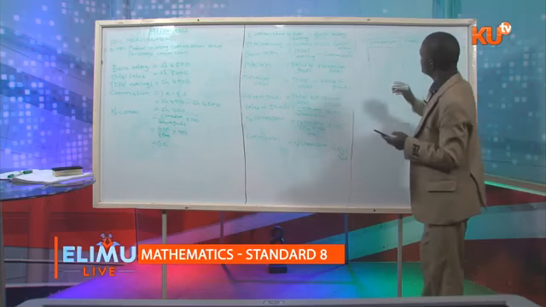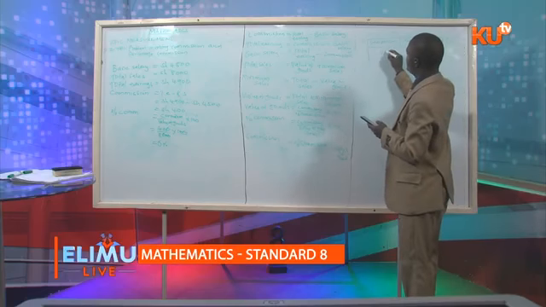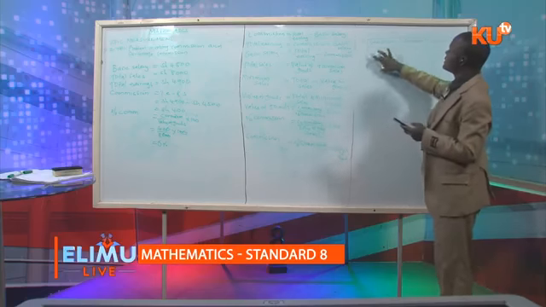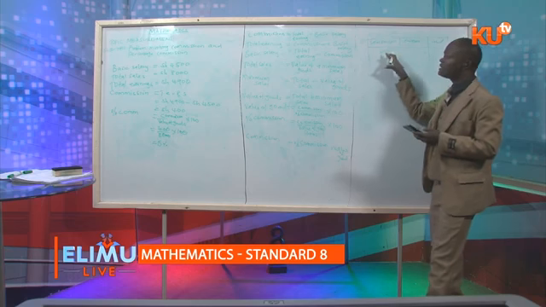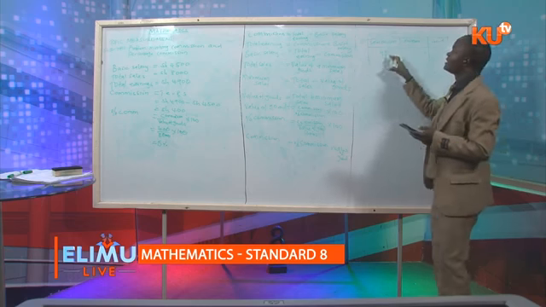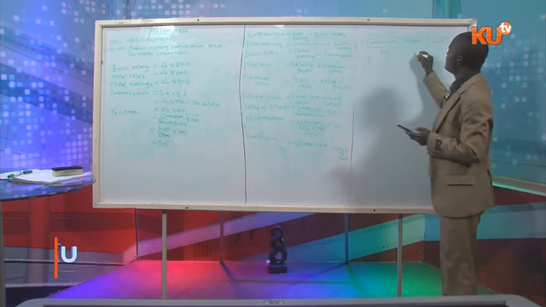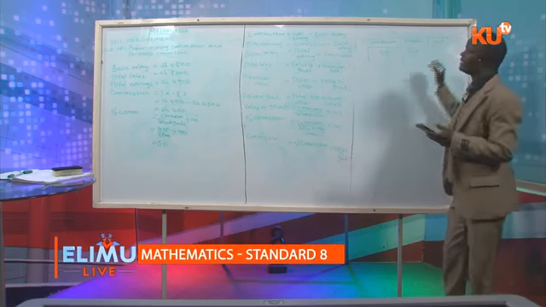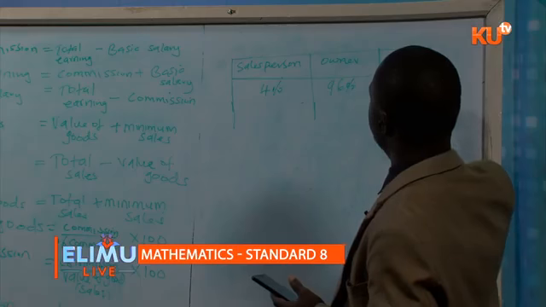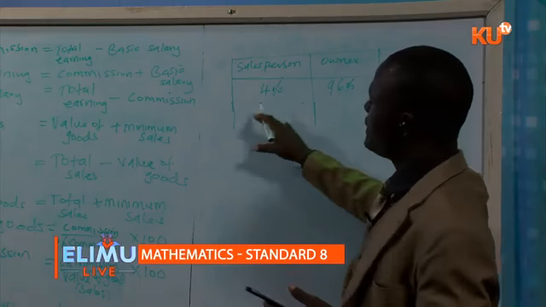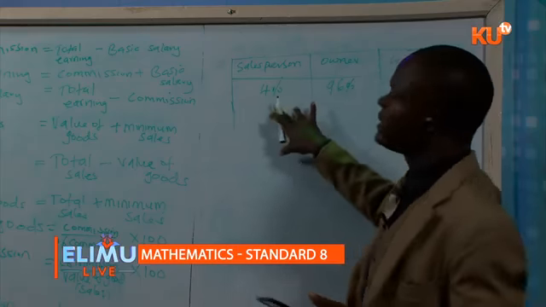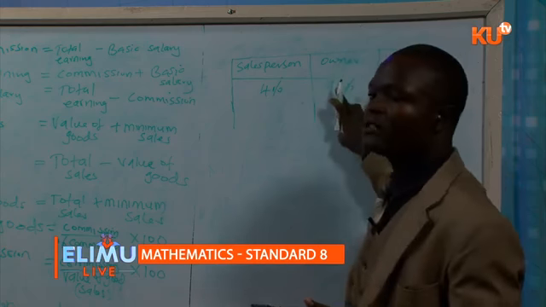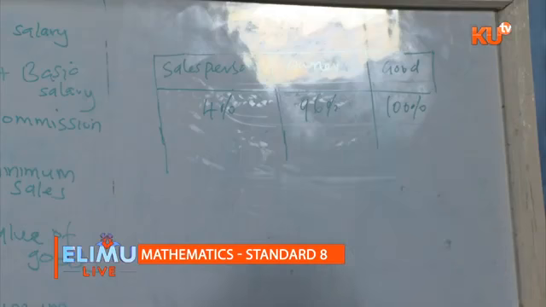So the commission for the salesperson is 4%. Now, if the salesperson gets 4%, that means that the owner will get 96%. How do you get that 96? Before this amount was shared, the percentage was 100%. But after it has been shared, of which the salesperson got 4%, then the owner is going to get 96%.